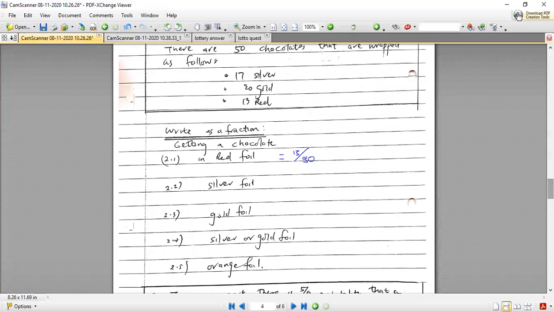Simple. Let's look at 2.2. What would be the prediction of him getting a silver foil chocolate? Again, we have 17 silver foil chocolates out of 50.